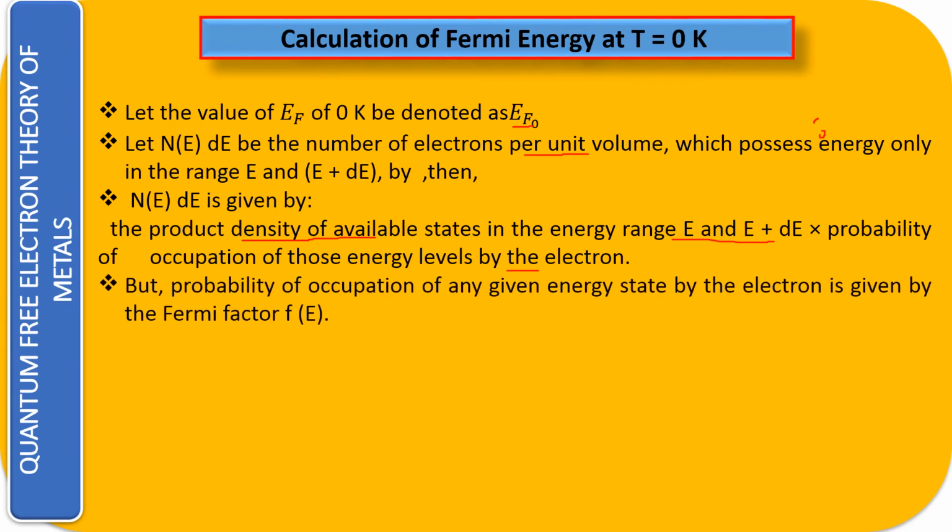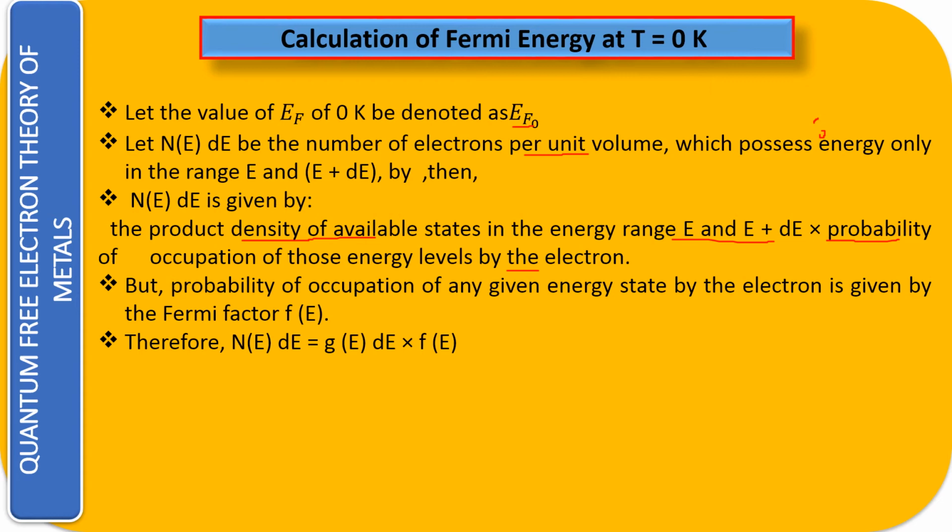The probability, as we know, of the electrons occupying states we have calculated by Fermi statistics, which we saw in the previous class. So this is what I have written here: the probability of occupation of given energy states by an electron is given by Fermi statistics, which we call F(E).